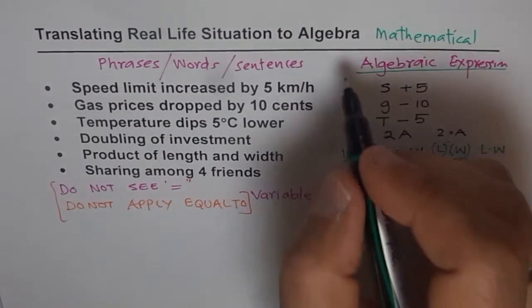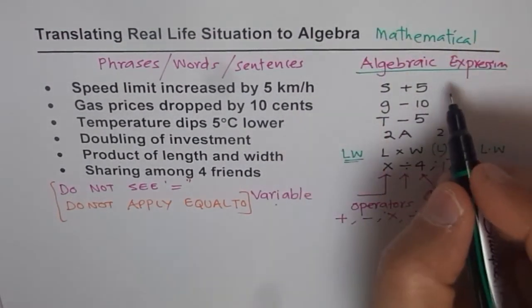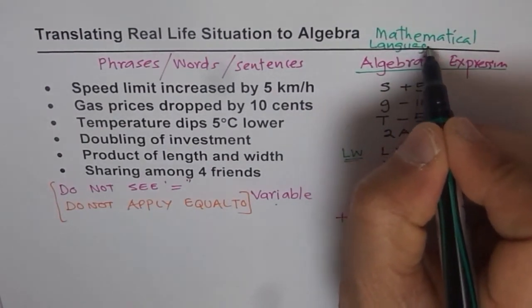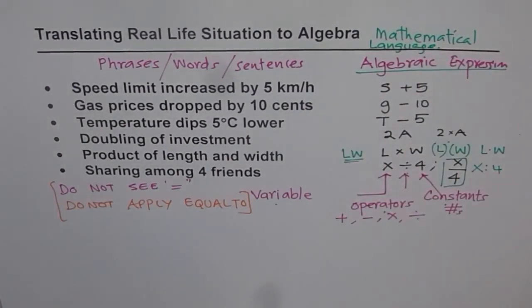There's no space here, so I'll just squeeze in language under. So that is a kind of mathematical language for us. And now we'll talk in terms of algebraic expressions, which is mathematical language and which is going to help us solve many real life situations.